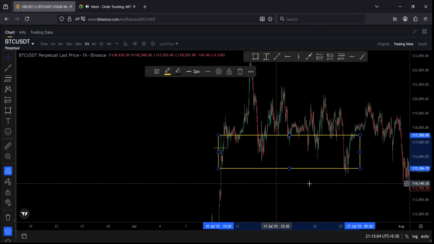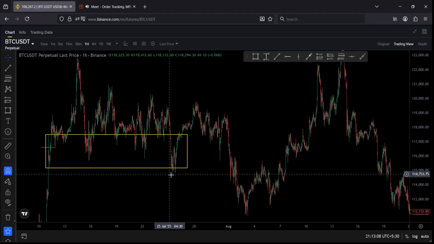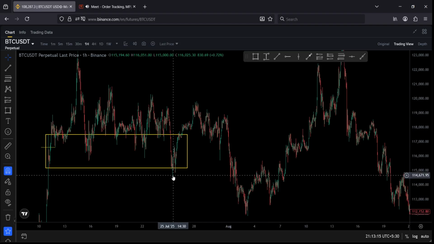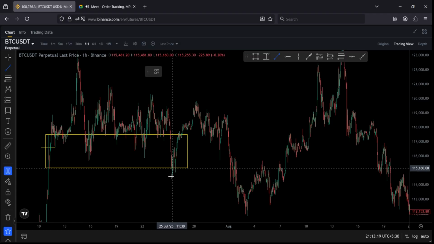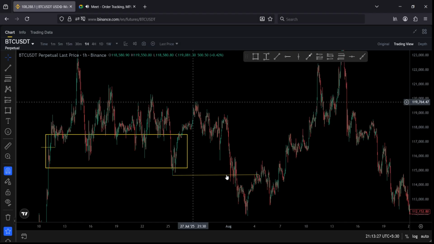So whenever in future price comes down and engulfs it below, price goes up and came down again and crosses this low at the downside. When price engulfed, this was the low created, right? Price goes up, came down again.